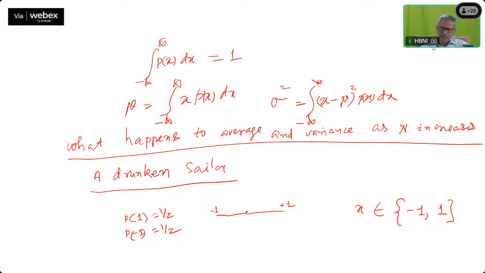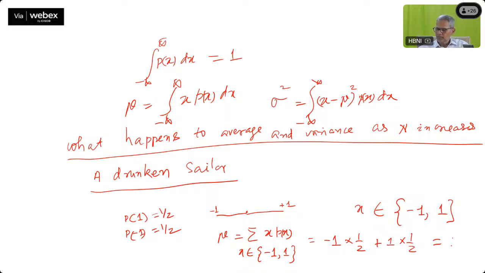How much distance does he go on average? The average distance will be 0, because mu is equal to the sum over x in {-1, 1} of x times its probability. So -1 with probability half, plus +1 with probability half.